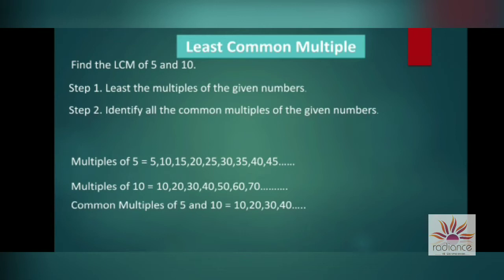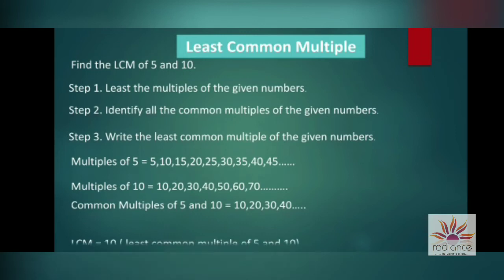Now step 3. Write the least common multiple of the given numbers. Yes, we have the set of common multiples of 5 and 10. With the help of this, we are going to write the least common multiple. And what is the least common multiple? LCM.